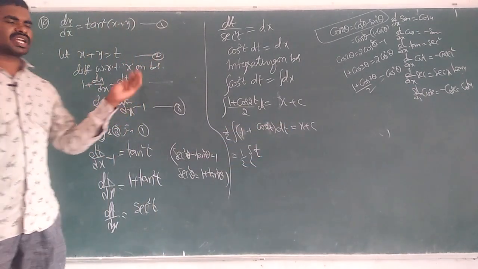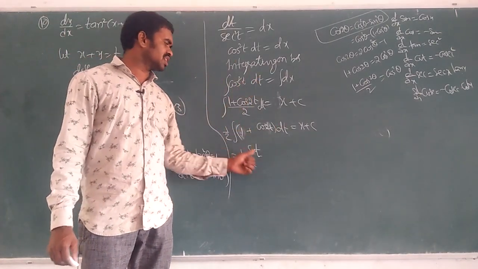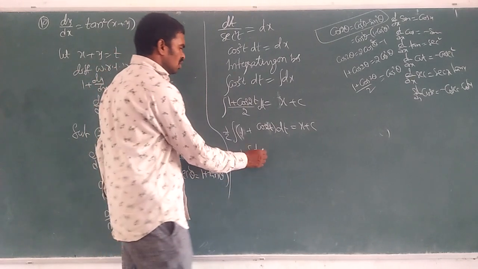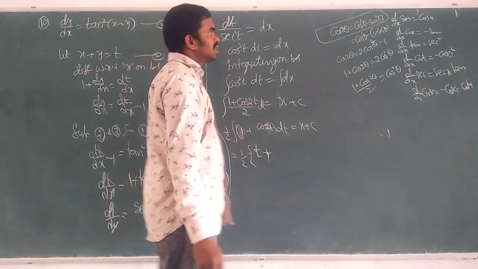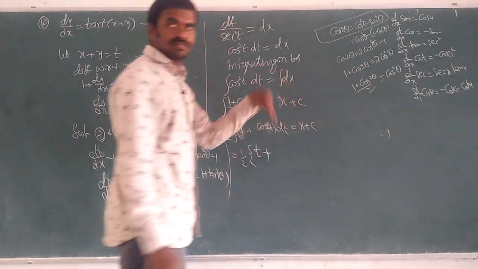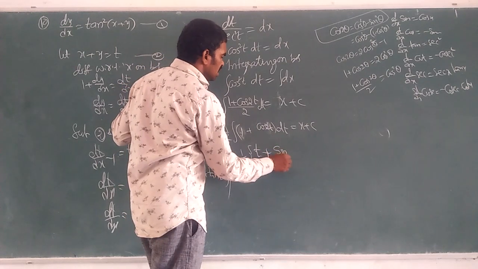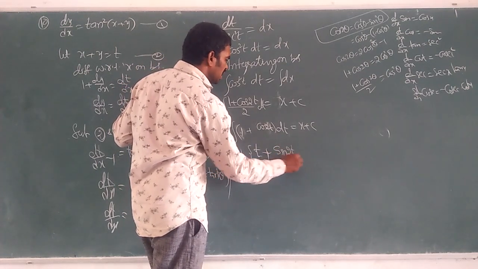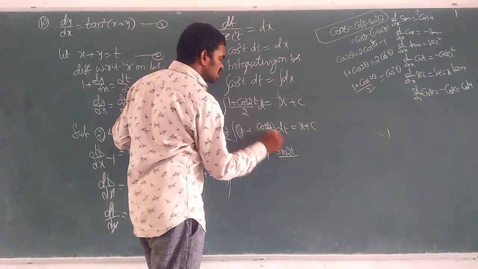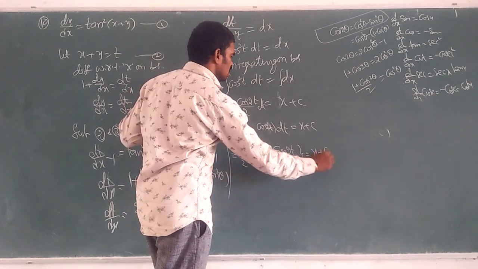Generally the integration of 1 we write as x when it is with respect to x, but here it is with respect to t, so it is t. And the integration of cos is sine, reverse. So sin 2t, and since 2 is there, divide by 2, equals x + c. That's it.